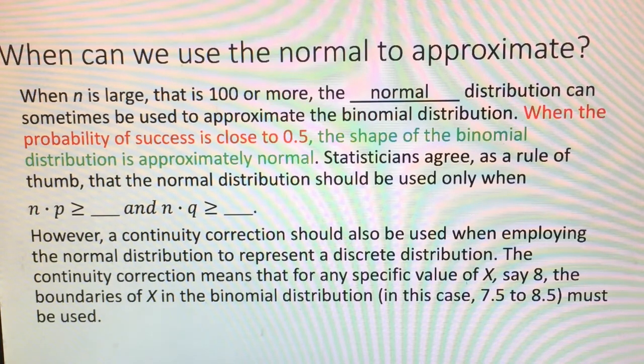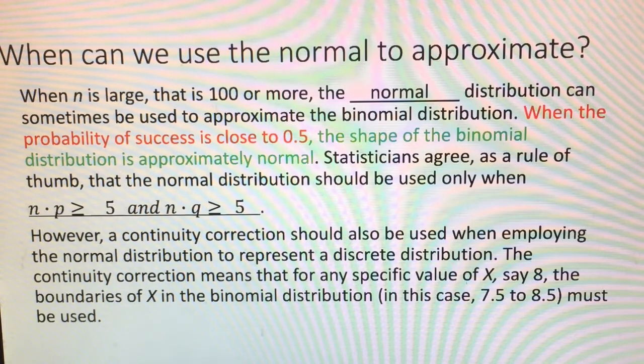distribution is approximately normal. Statisticians agree, as a rule of thumb, that the normal distribution should be used only when n times p is greater than or equal to 5 and n times q is greater than or equal to 5.